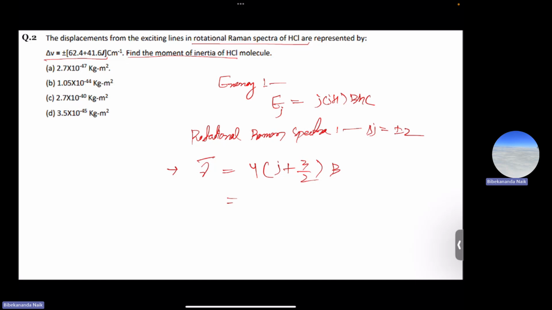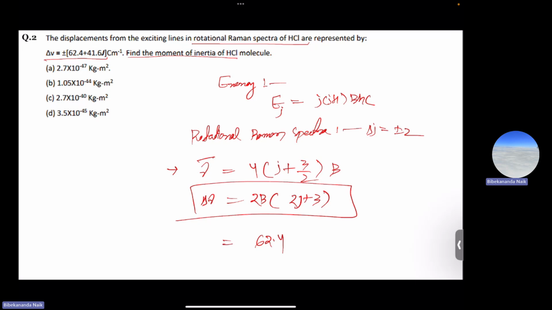So we can write it as 2B into 2J plus 3. So this is the expression for the wave number in case of a rotational Raman spectra. Now, if you see the question, it is given as 62.4 plus 41.6 J centimeter inverse.